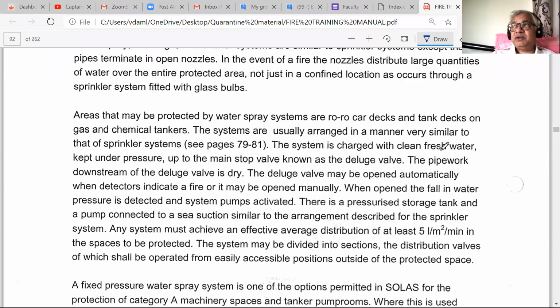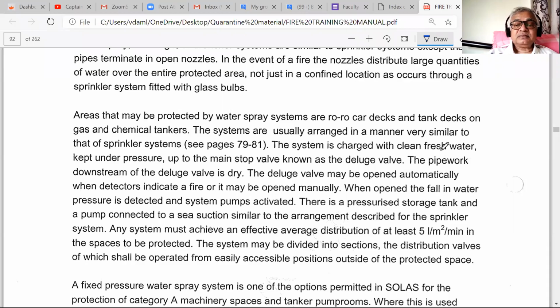Now again, everywhere, first thing you'll need is some sort of a detection system. Now you will have detection system, but normally hypermist systems, because there is a lot of pressure involved in it, are managed manually. Rarely you will find any hypermist system which is automatic. It's practically non-existent.